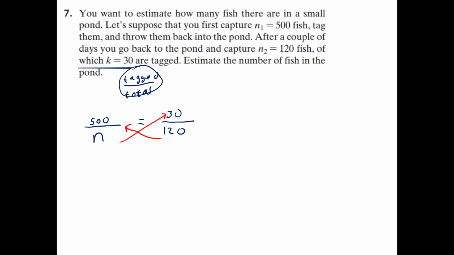Now 5 times 12 is 60. But this had 2 zeros and this had 1 zero. So we have a total of 3 zeros behind it. So we get 60,000. And then n times 30 is 30n. We divide both sides by 30.